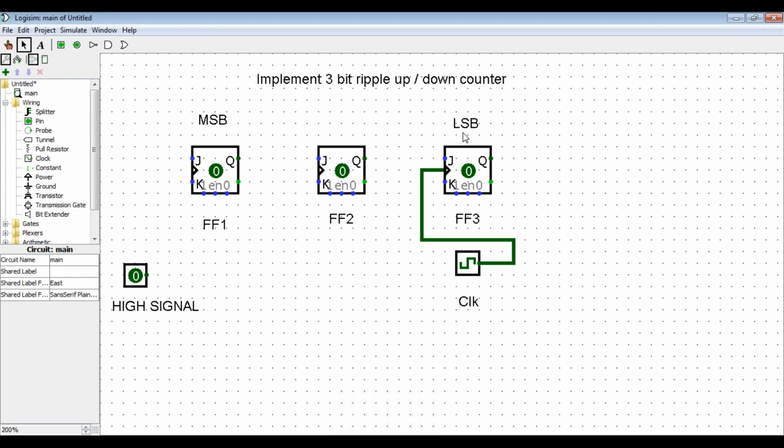We give the clock only to the least significant bit in ripple counters, I mean asynchronous counters.